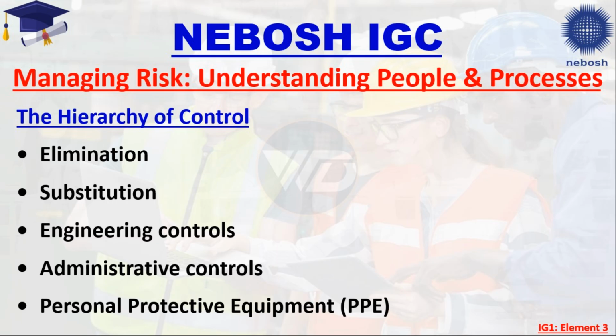Next are administrative controls, changing the way people work through procedures, training, or signage. At the bottom is PPE, personal protective equipment, which is the last line of defense and should not be relied upon alone. Always try to control risks as high up the hierarchy as possible.